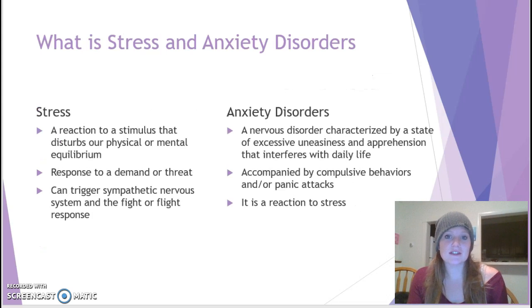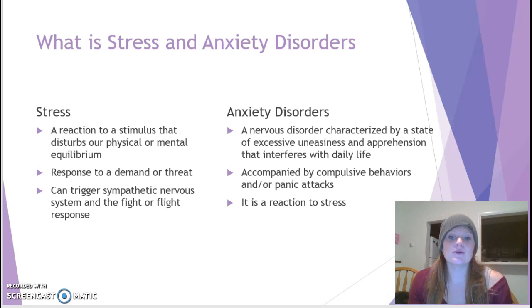So what are stress and anxiety disorders? Stress is a reaction to a stimulus that disturbs the physical or mental equilibrium as a response to a demand or threat. And it can trigger the sympathetic nervous system and fight or flight response.